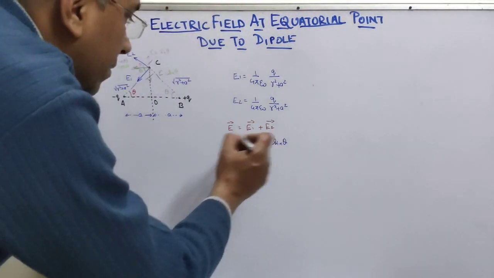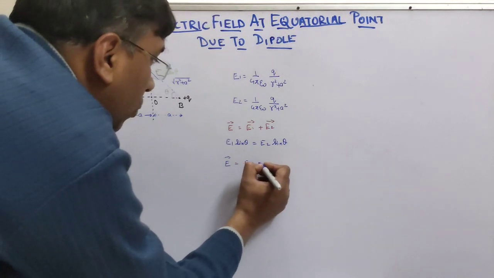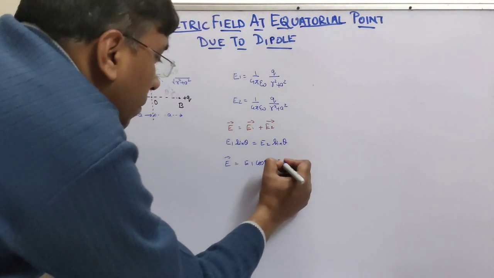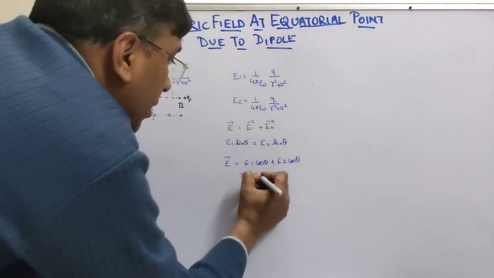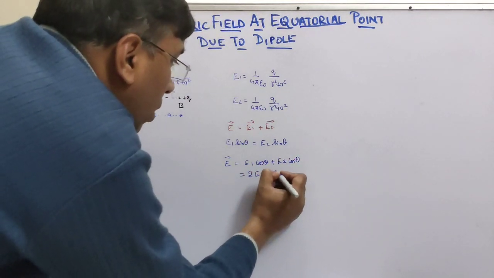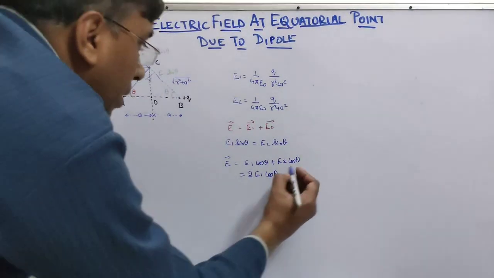Okay, so the net result of E would be E1 cos theta plus E2 cos theta, which is nothing but 2E1 cos theta. And how can we write 2E1 cos theta?